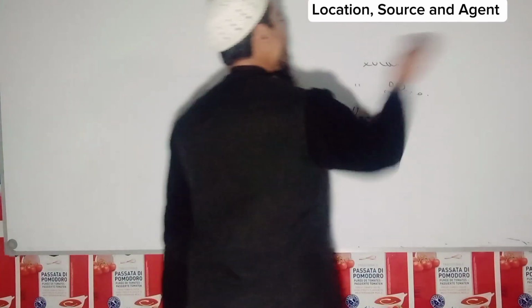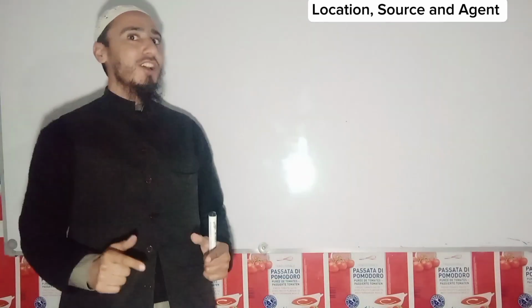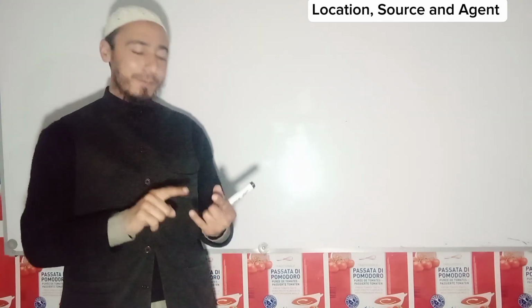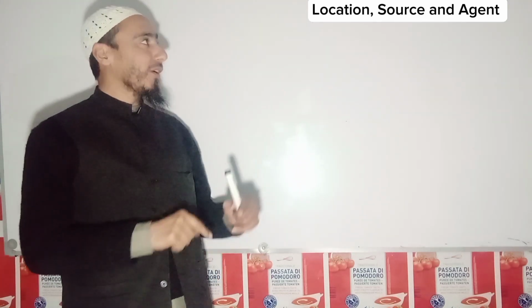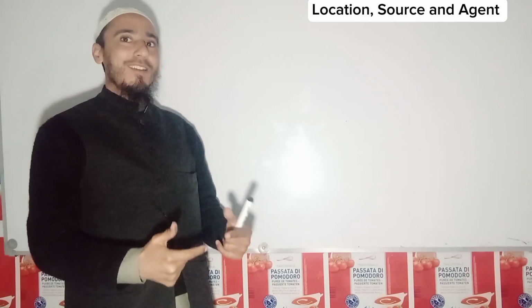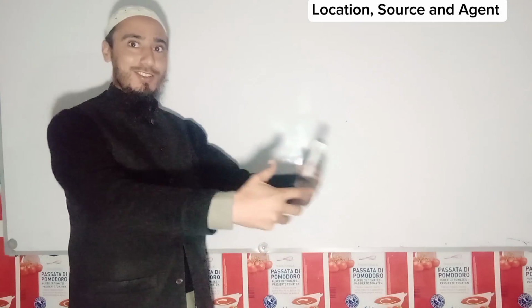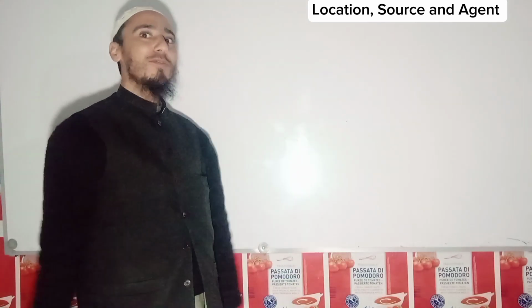Okay. Then I'm going to tell you about source. What is source? Source in thematic roles or semantic roles refers to an entity or a place where an entity moves from.